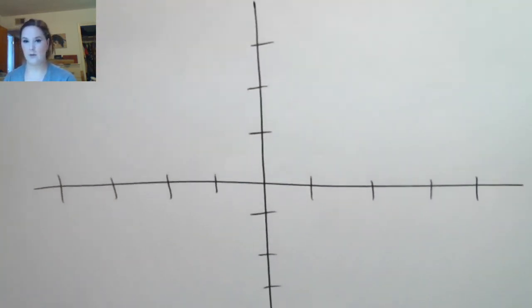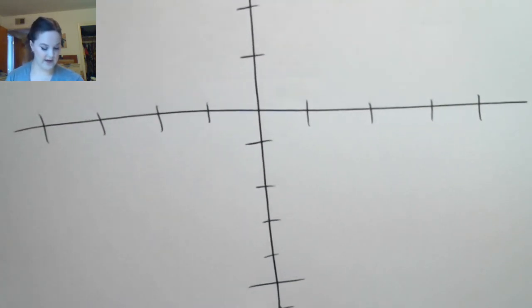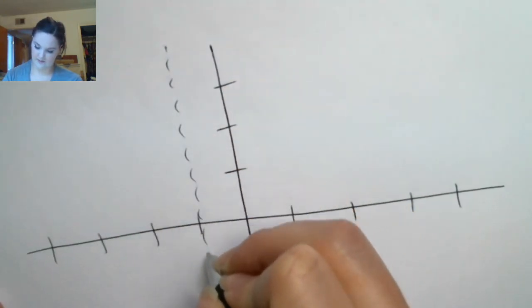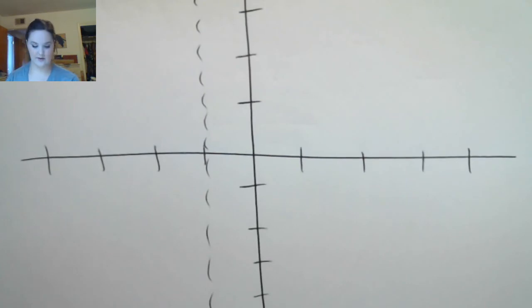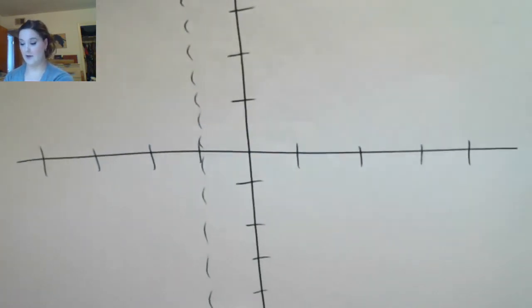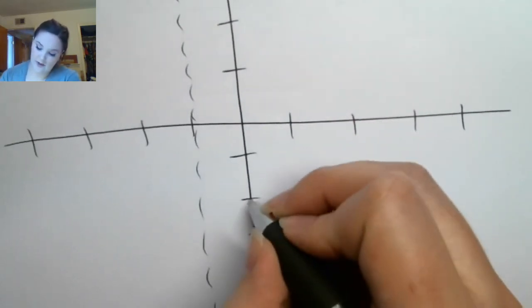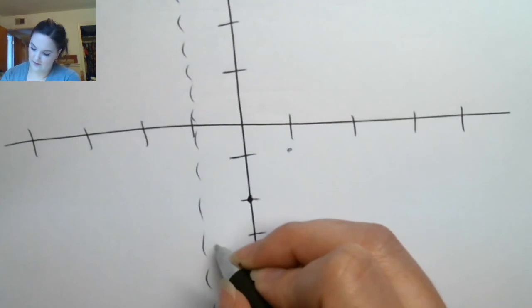Okay, so I'm going to put in my asymptotes. So my vertical asymptote was at x equals negative 1. Okay, and my slant asymptote is the line y equals x minus 2. So you just graph the line y equals x minus 2. So here's my y-intercept for that line, and then the slope is 1.